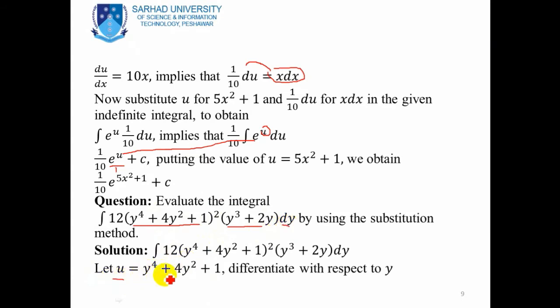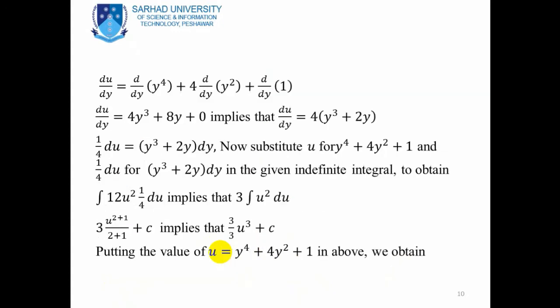For this purpose we differentiate this supposition with respect to y, because in the given function the independent variable is y. Now du by dy, by using the power rule: the derivative of y power 4 is 4y cube, and the derivative of y square is 2y. So 2 multiplied by 4 is equal to 8, and the derivative of 1 is equal to 0.